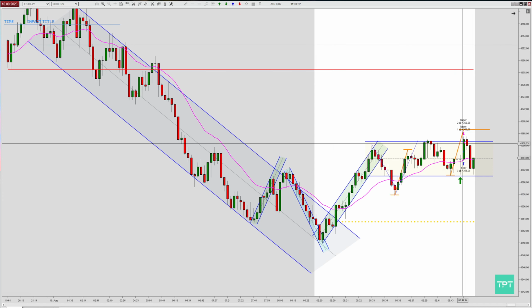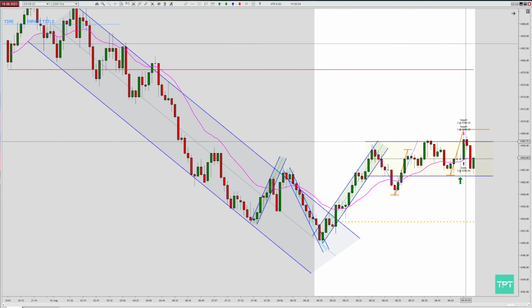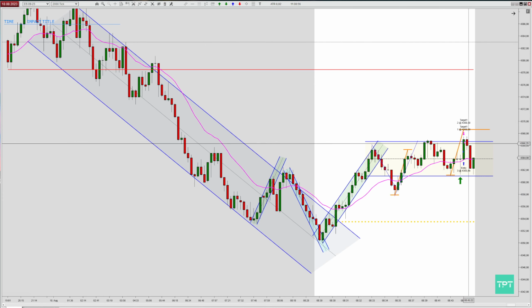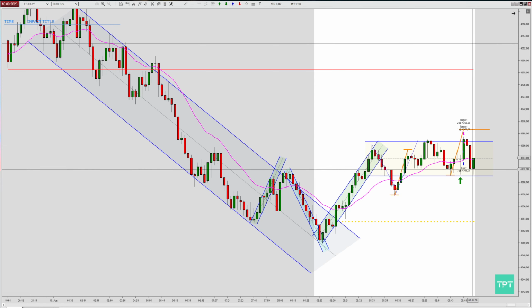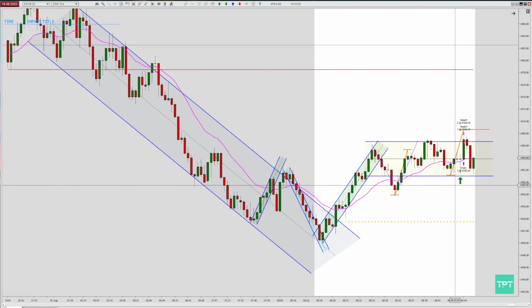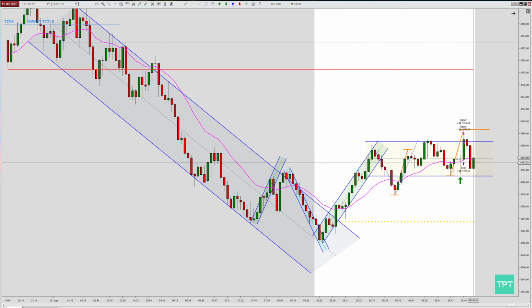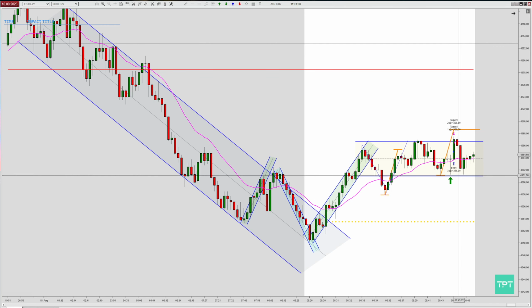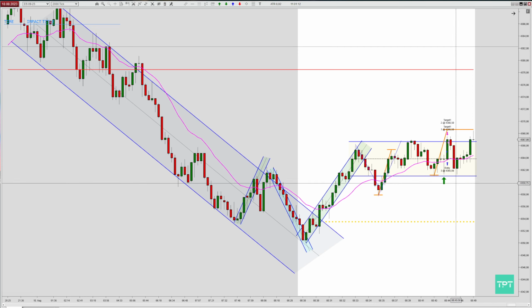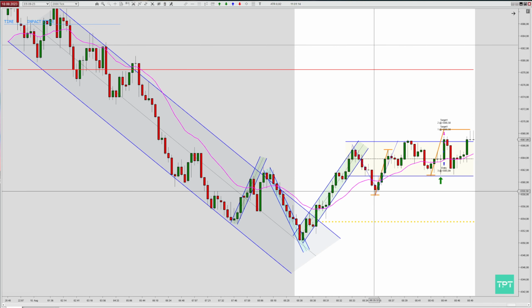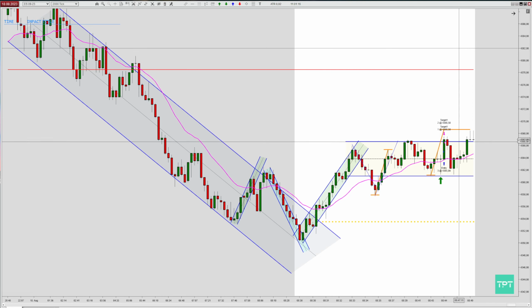And also after this strong rejection here at the top, after this bearish bar, I was not very confident taking another long here. So I didn't take another long here and just waited. And prices got rejected again from this support.